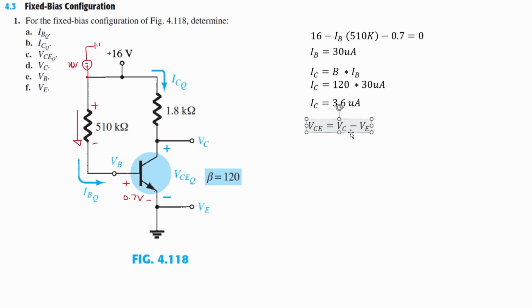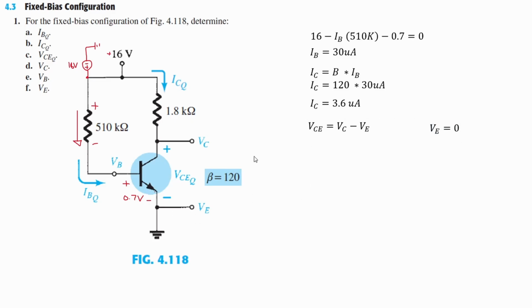Yan lang yun. And then, alam natin na yung VE is directly connected to the ground. That means we can assign VE, or at least alam na natin yung VE. VE is equal to 0, kasi connected siya directly sa ground.